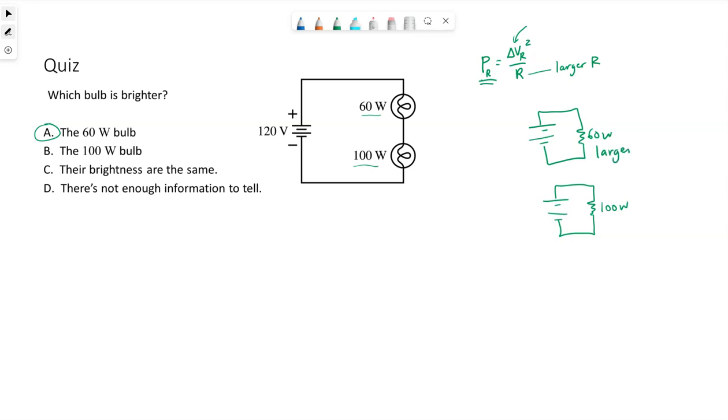The 60-watt light bulb has a larger resistance compared to the 100-watt light bulb.